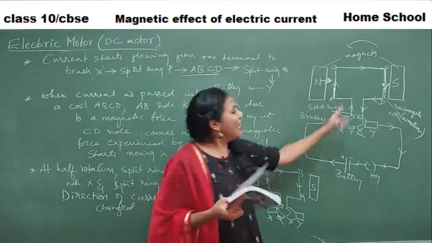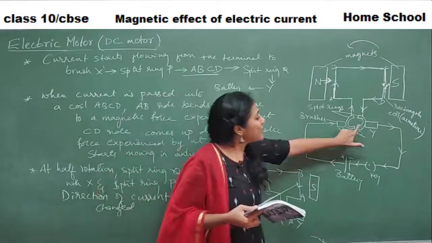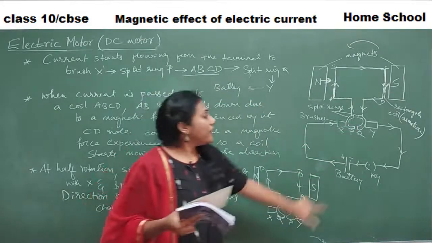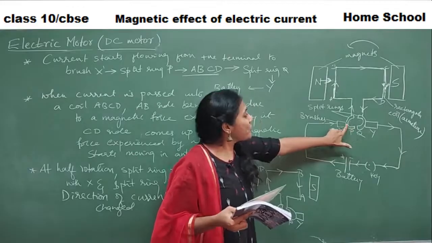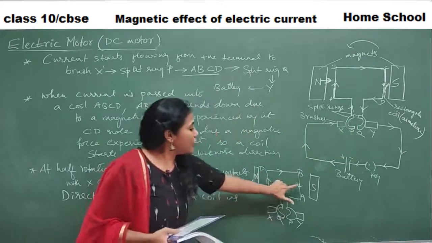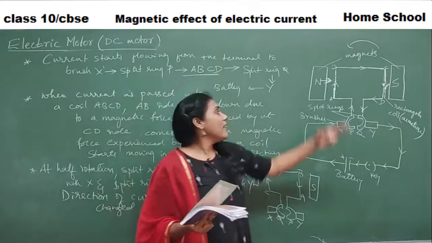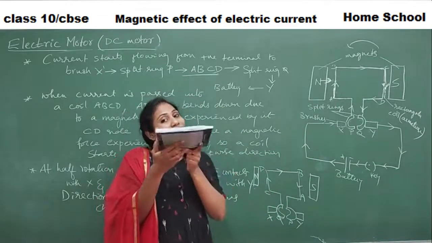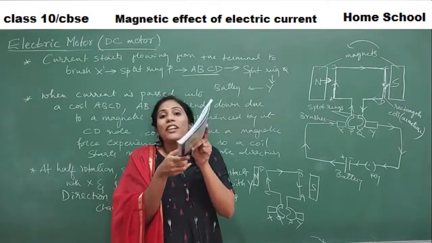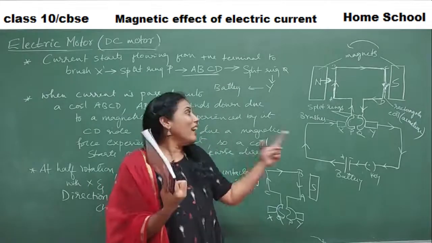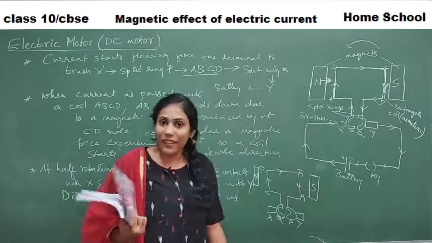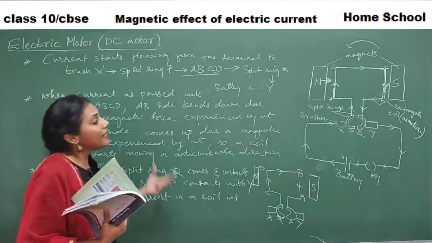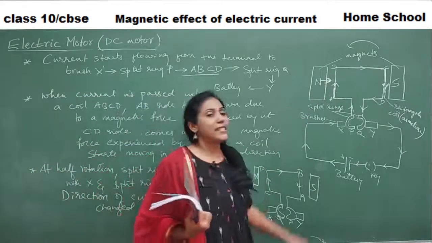At every half rotation, the split rings position will change. If the split rings position is changing, the direction of current in a coil changes. As the direction of current in a coil changes, constant rotation is possible in a motor. Right? So this is the main working of our DC motor.